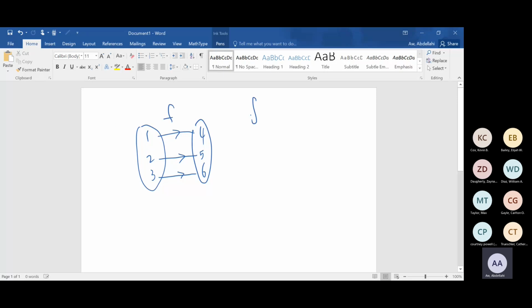Do all of us agree with that? Yes. Each x has one y and each y has one x. So this is a one-to-one function. Now, if f is one-to-one, then f has an inverse function.